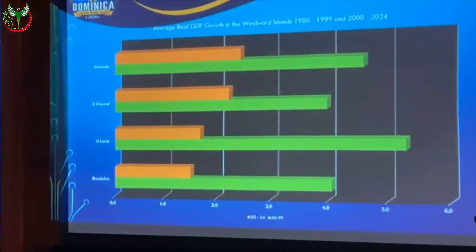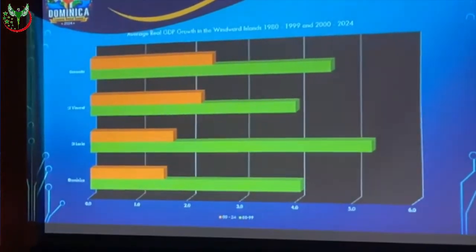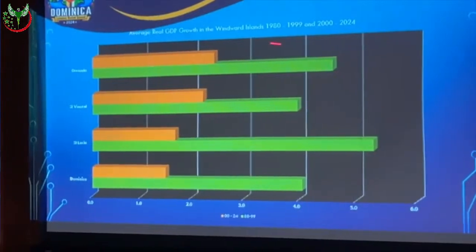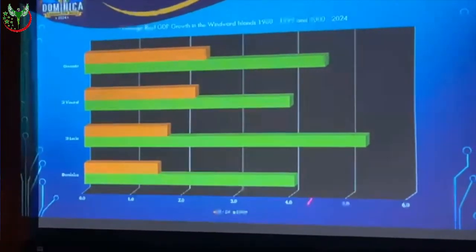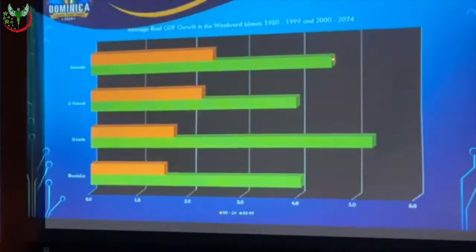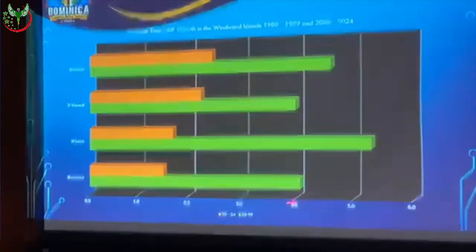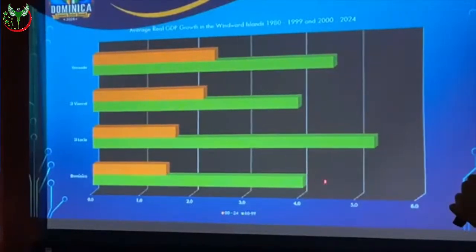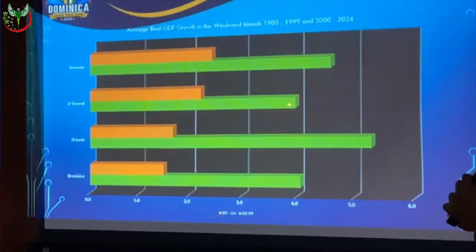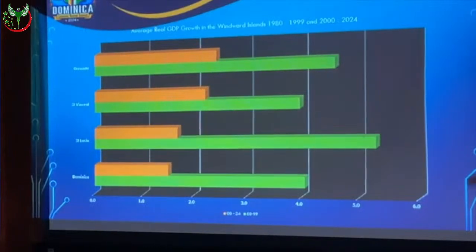Some years would be above 5%, some years below 5%, but on average, they had 5% growth in St. Lucia. Grenada was basically second, with about 4.5% rate of growth during that 20-year period. So you see, St. Lucia is first, Grenada is second, and Dominica was at roughly 4%, number 3, and then St. Vincent was slightly behind us at around 3.8%. Okay? So that was for 1980 to 1999.